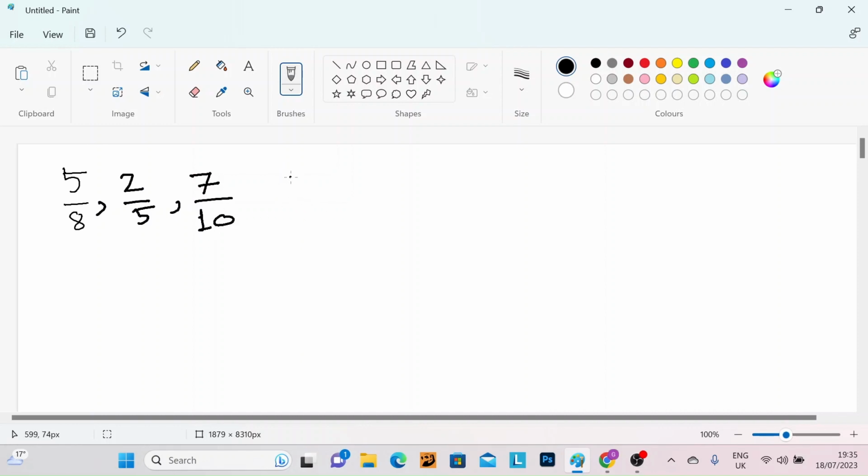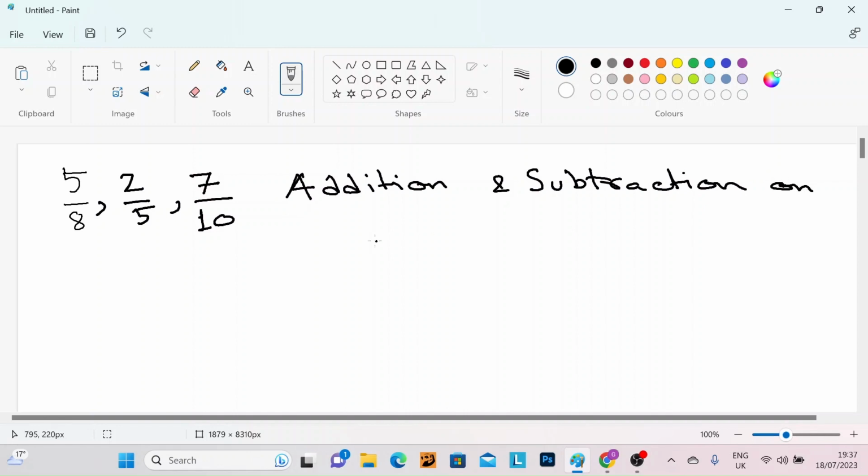We have to perform both addition and subtraction on these fractions.